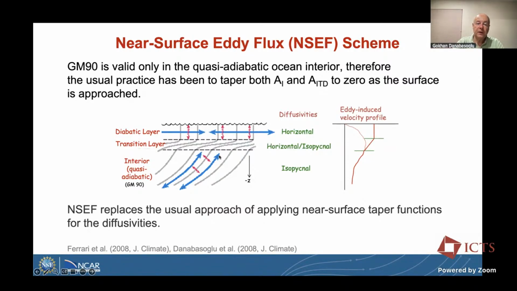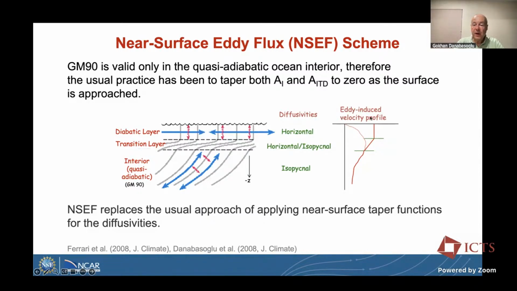And this is across-isopycnal, diapycnal mixing. It's rather small. But as we approach the surface, isopycnals outcrop, and then the majority of the mixing occurs across these density surfaces. There is also substantial vertical mixing due to reduced stratification within the diabatic layer. Then in between, we called it a transition layer.